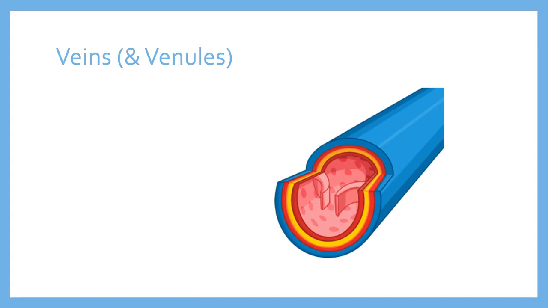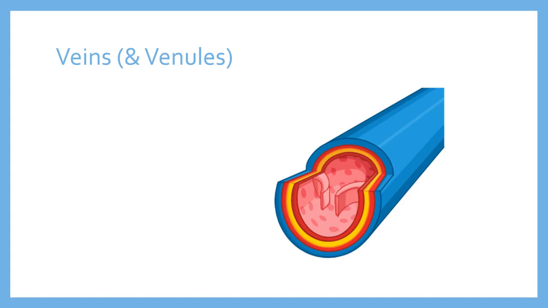So again, you'll notice the heading here includes the idea of venules. We've got veins and venules, and venules are very similar to arterioles. Well, the relationship between veins and venules is basically the same as arteries and arterioles. A venule is just a little vein.